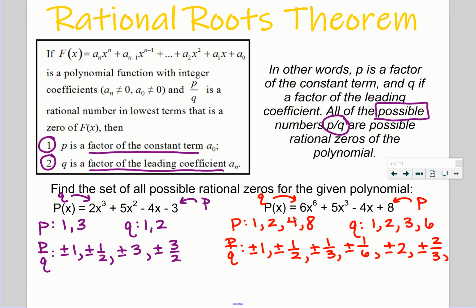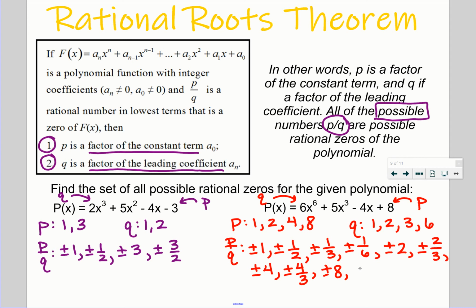Next, I'm going to use p value of 4. 4 divided by each of my q's is 4. 4 over 2 is 2. It's already on my list. 4/3 is not on my list. 4 over 6 is 2/3. It's already on my list. Finally, 8 divided by each of my q's. 8. 8 over 2 is 4.